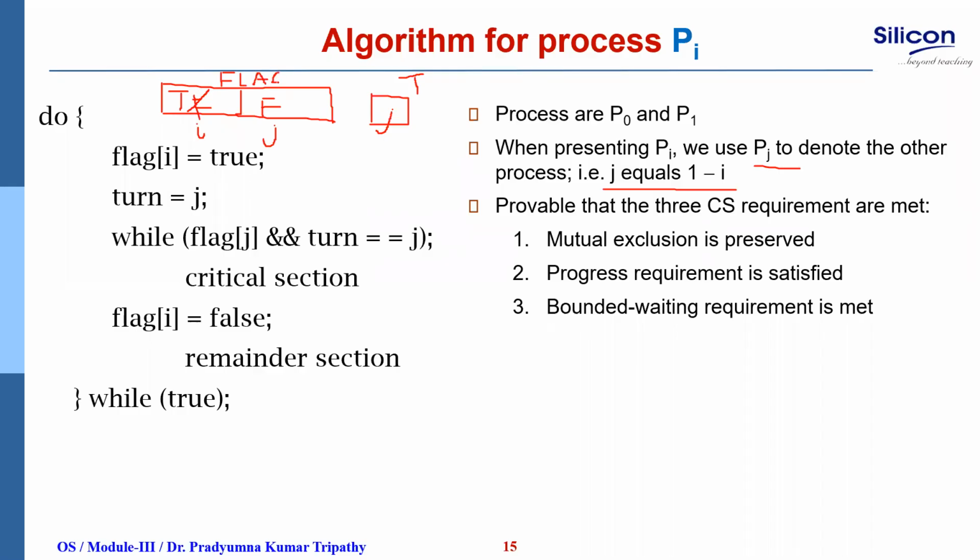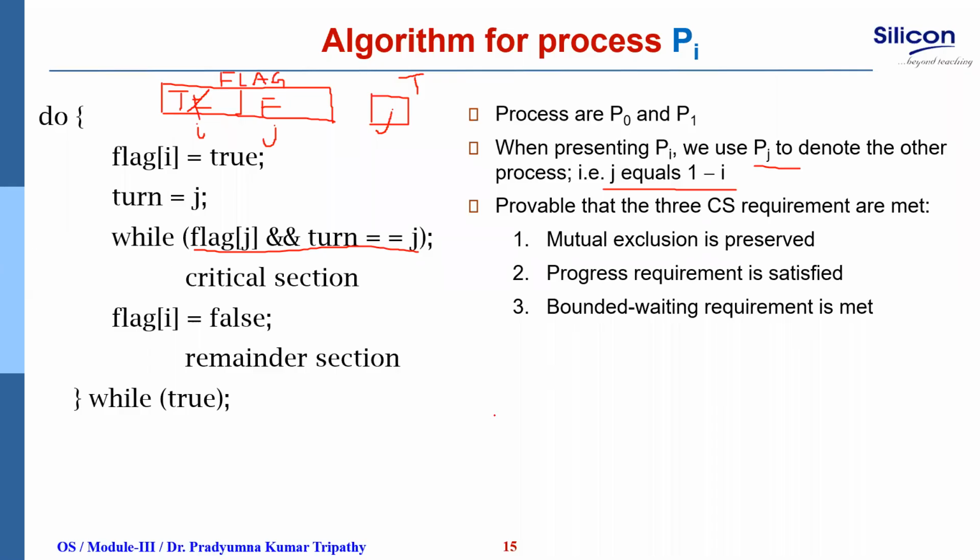So can you tell me whether the condition in the while loop will turn out to be true or false? Flag of j. So this is false.